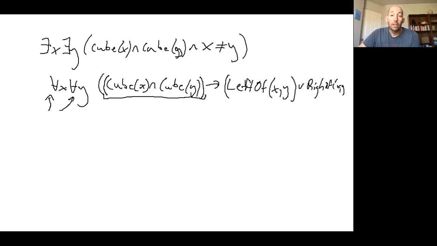And that might be a case where we're trying to describe a world where none of the cubes are in the same column, right? That they're all left of or right of every other cube.